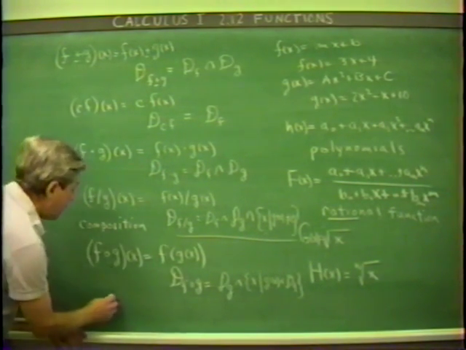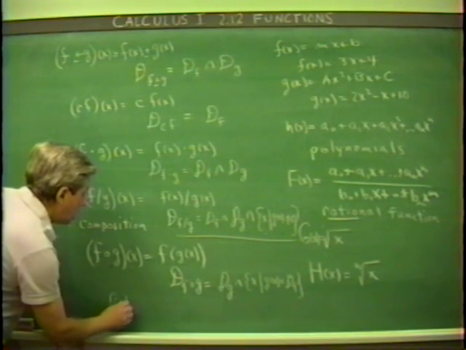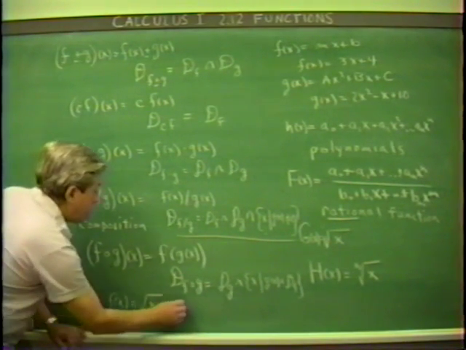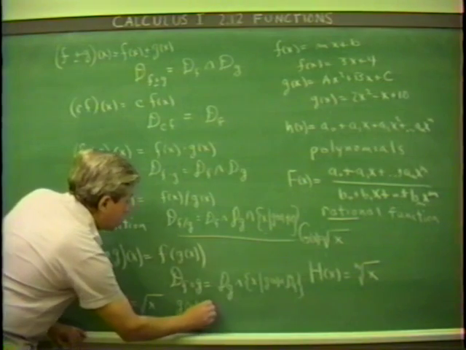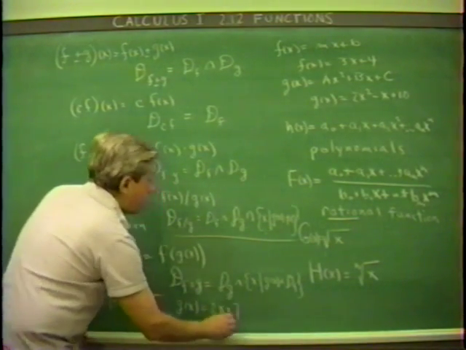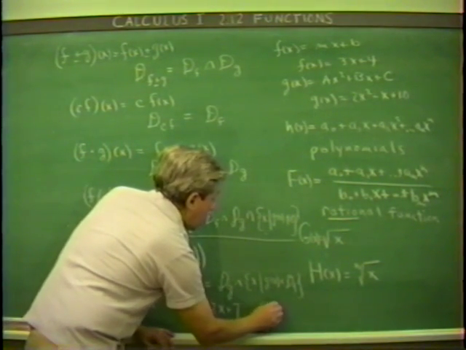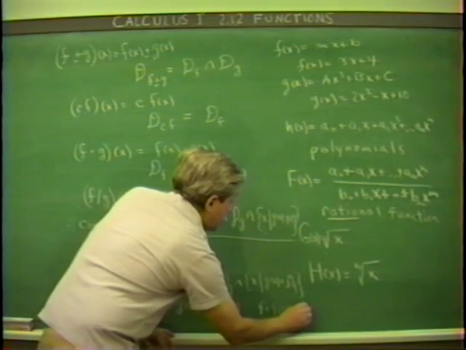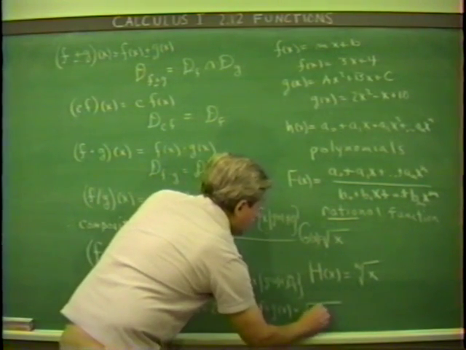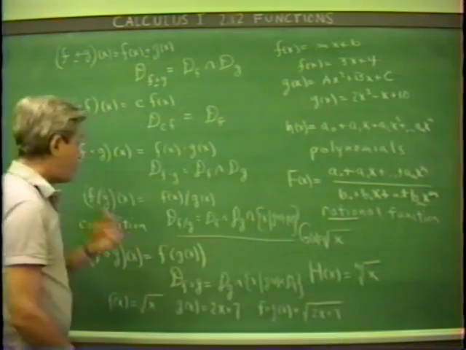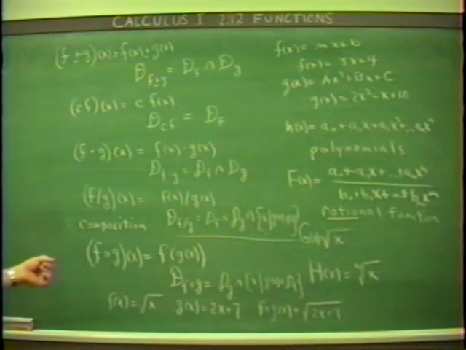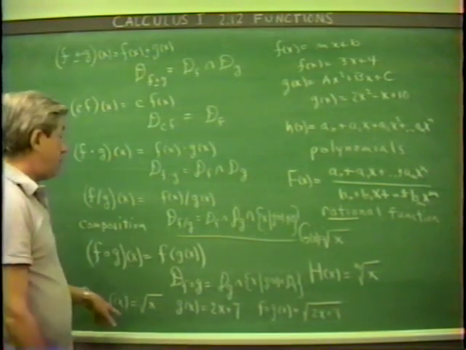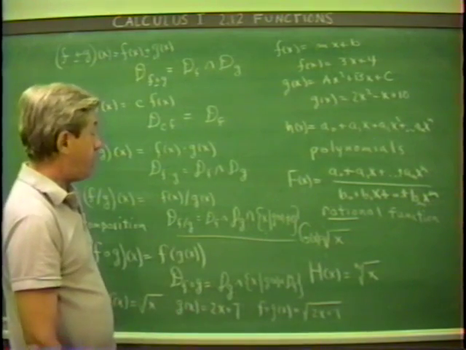As an example, if f of x is the square root of x, and g of x is 2x plus 7, then f composed with g is going to be the square root of 2x plus 7. g composed with f is not always the same as f composed with g.